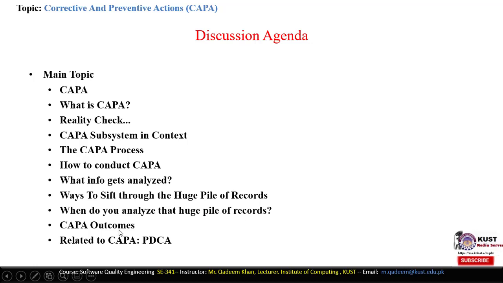CAPA outcomes means the results of the CAPA, and related to CAPA is also the PDCA. So these topics are very much important to understand the corrective and the preventive actions in software quality engineering.